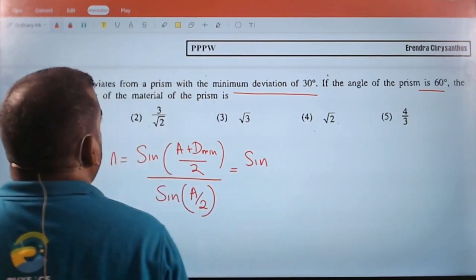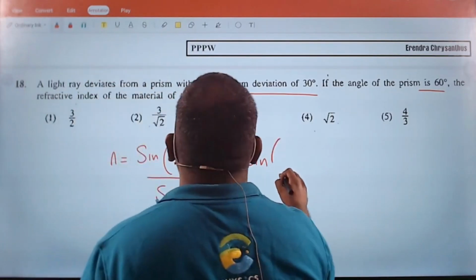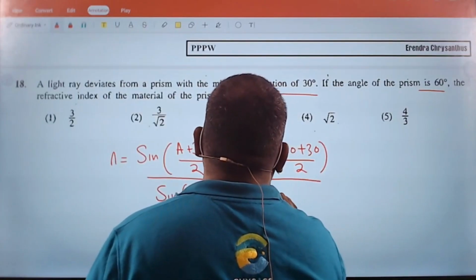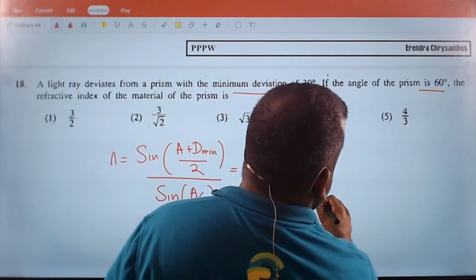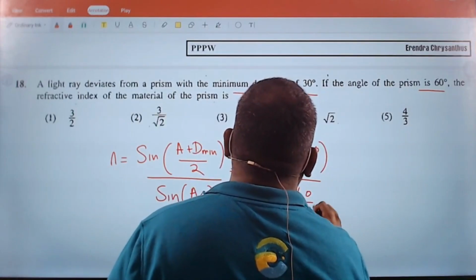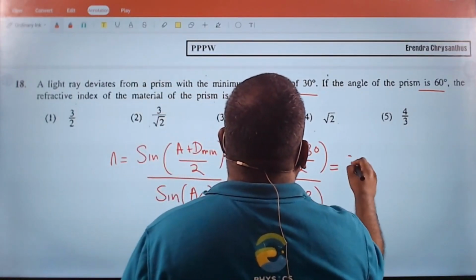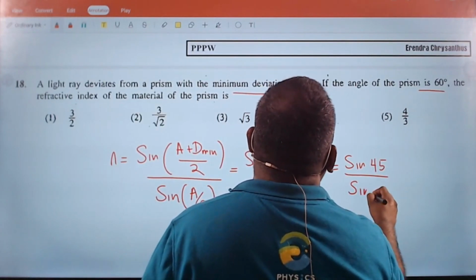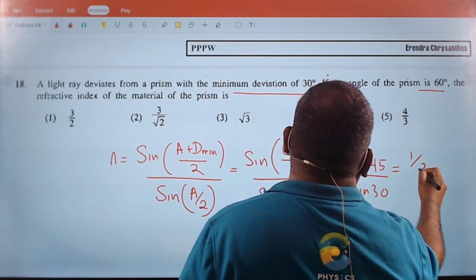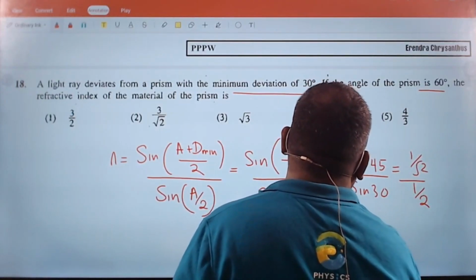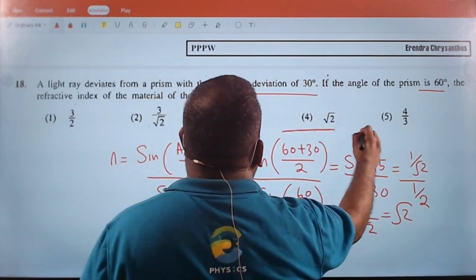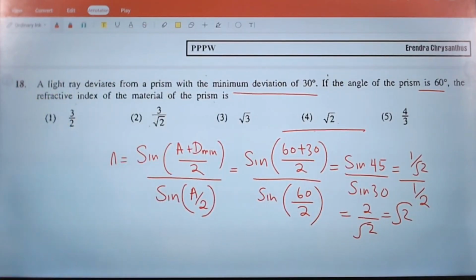So sine of (60 plus 30) divided by 2, over sine of 60 divided by 2. 90 divided by 2 is 45, 60 divided by 2 is 30. So 1 over root 2 over half, which is 2 over root 2. Correct answer is root 2, answer number 4.